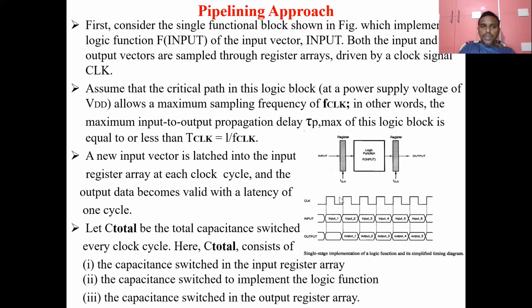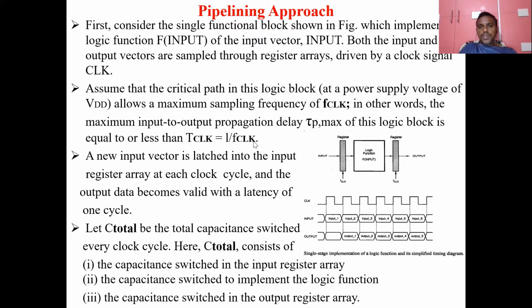Assume that the critical path in this logic block at a power supply voltage of VDD allows a maximum sampling frequency of f clock. In other words, the maximum input to output propagation delay tau p max of this logic block is equal to or less than T clock, that is equal to 1 by f clock.